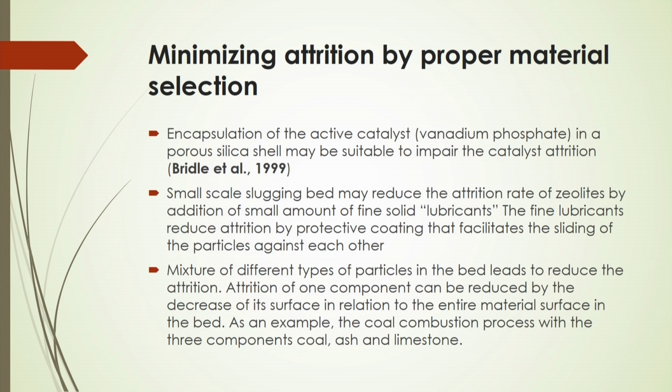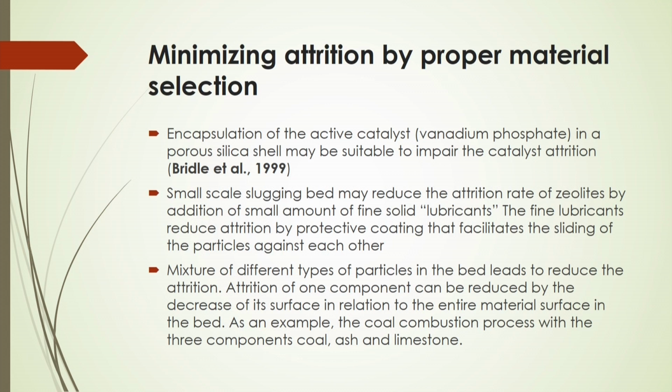If you use lubricants, the attrition rate should be less because of surface smoothness. The fine lubricants reduce attrition by a protective coating that facilitates the sliding of the particles against each other.